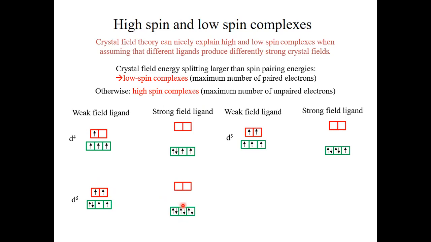So for the d7 electron configuration, we have an additional electron, so we must pair 2 electrons in the t2g orbitals. So that leaves us 1, 2, 3 electrons that are unpaired.